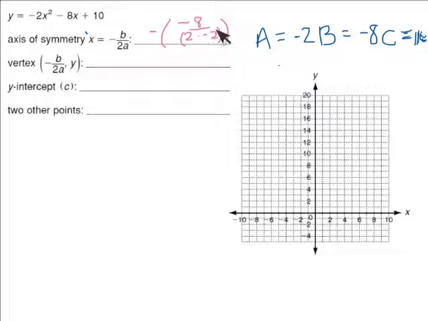Negative 8 over negative 4 is going to be positive 2, and with the negative in front, negative 2. So we're going to put an axis of symmetry on negative 2. That's our zipper.